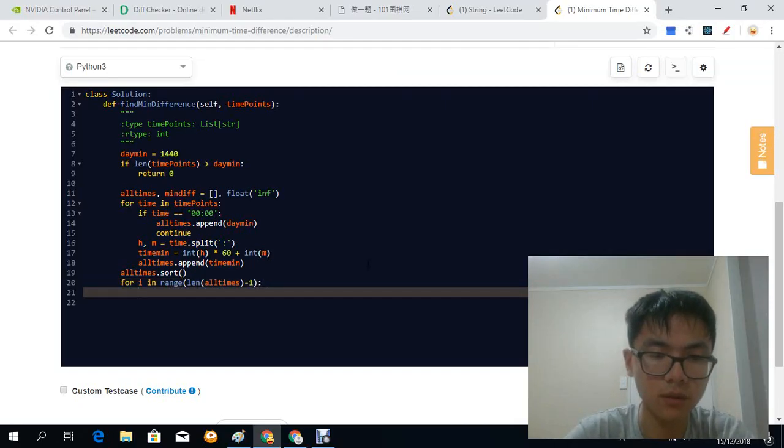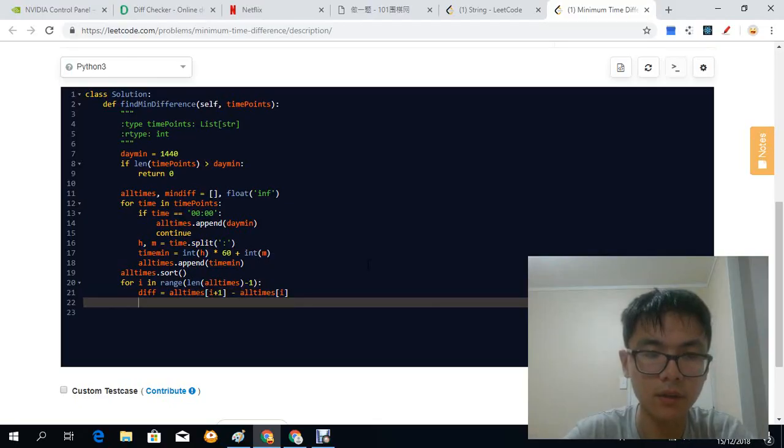The way we get it is we just iterate through it and keep getting the adjacent difference, and then we compare this adjacent difference with the minimum difference.